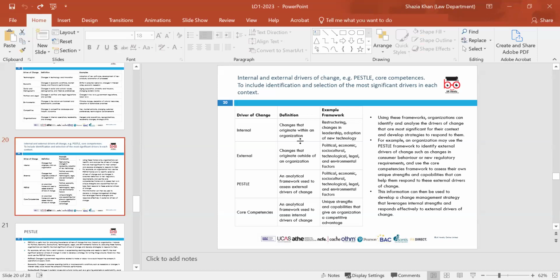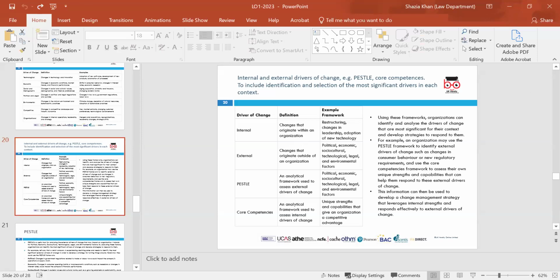It could be political, economic, social, cultural, technological, legal, or environmental factors. And then you have PESTLE, which we'll look at in a little bit. It's an analytical framework used to assess the external drivers of change: political, economic, social, cultural, technological, legal, and environmental factors.